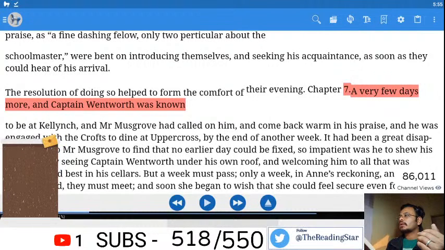I hope there are no issues regarding the quality, but I think there is some sort of buffering. Hopefully it will go away as we move on.